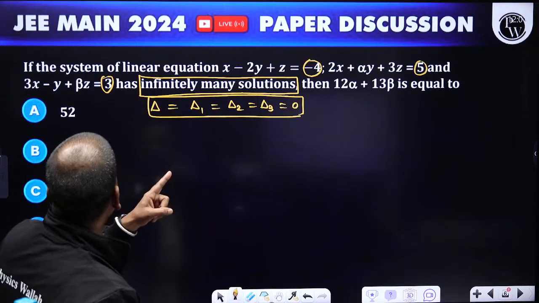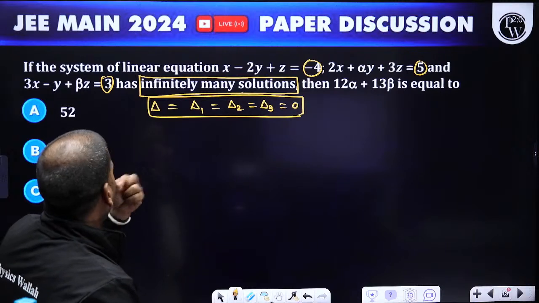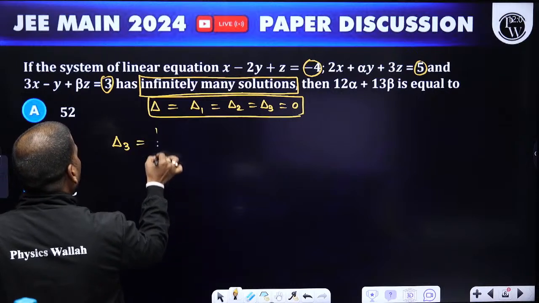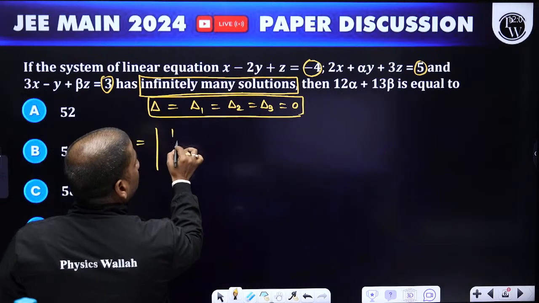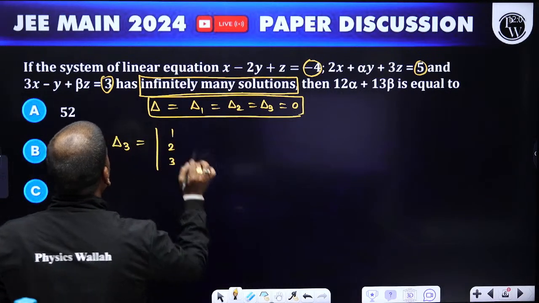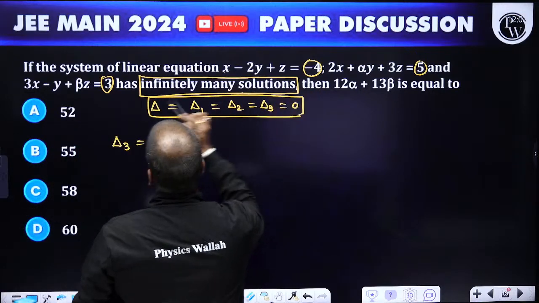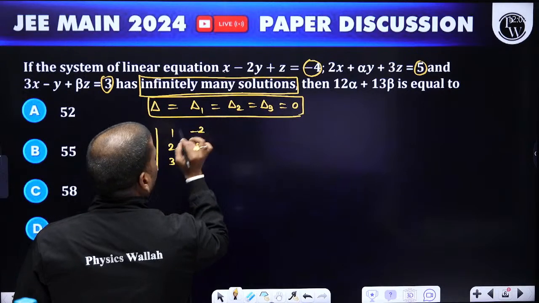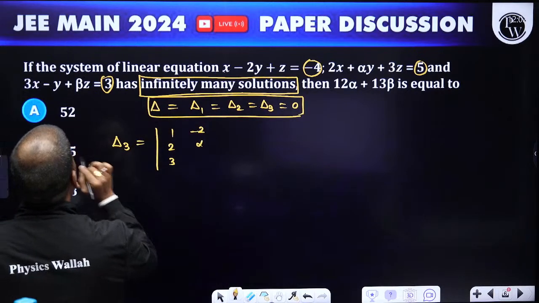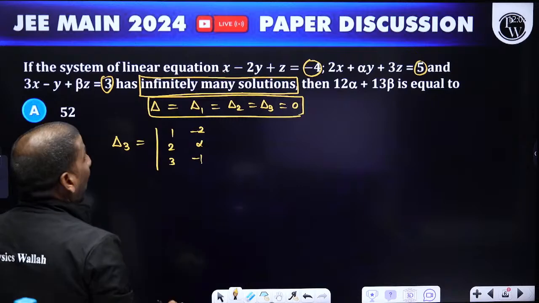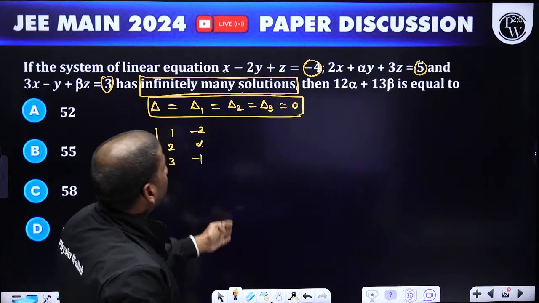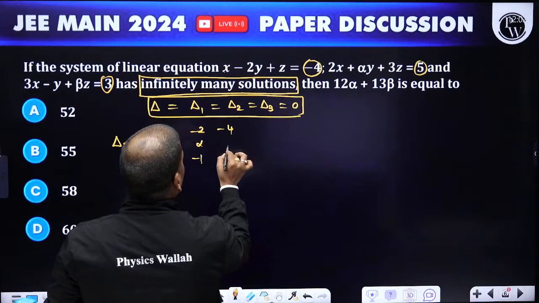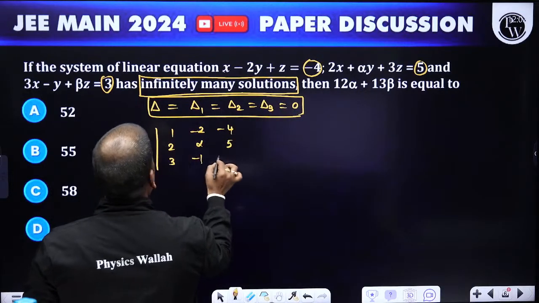So let us take one way. Where is alpha? In the second column. Now, let us take delta 3. Delta 3 means 1, 2, 3; next, minus 2, the coefficient of alpha, and minus 1; and the third column is the constants, minus 4, 5, and 3.